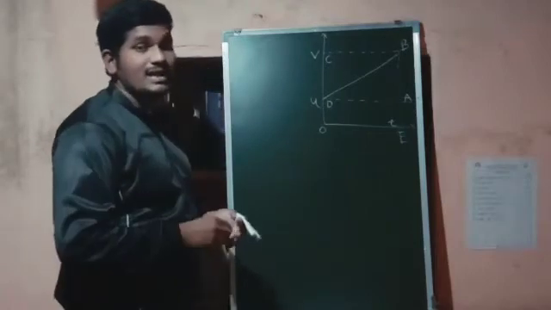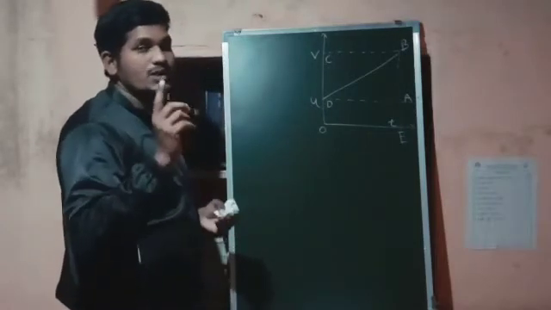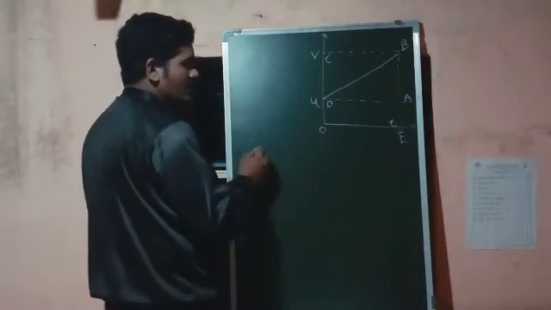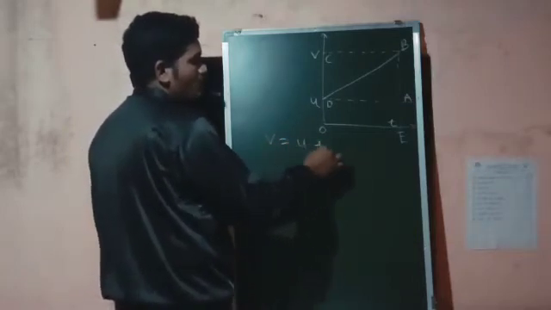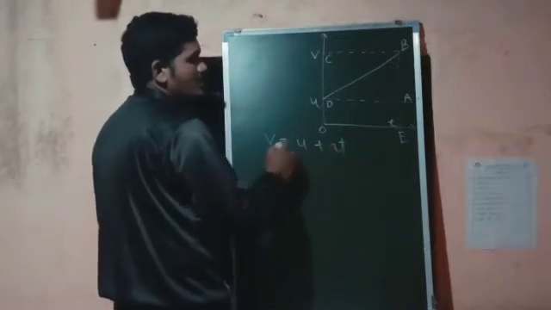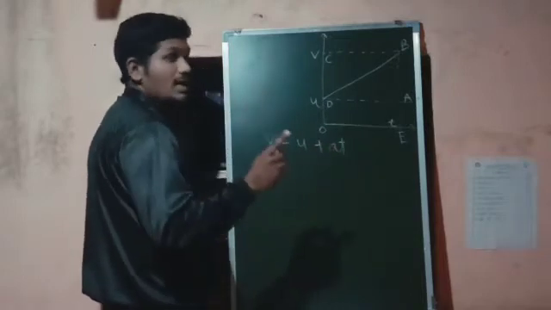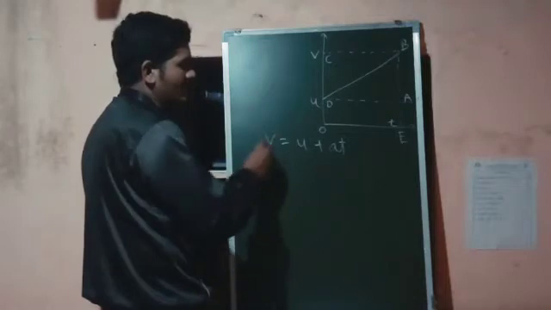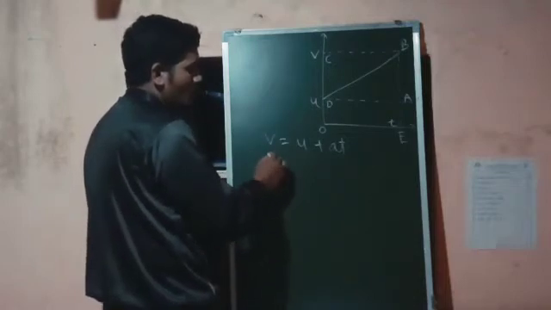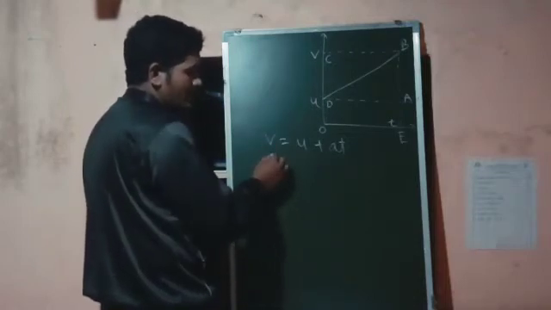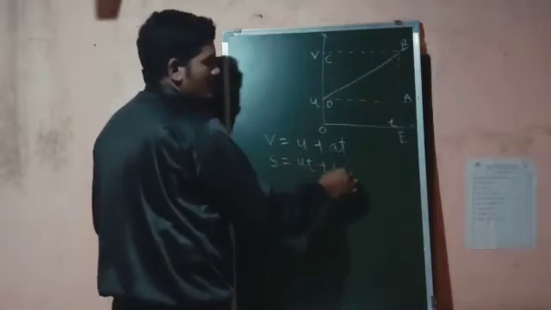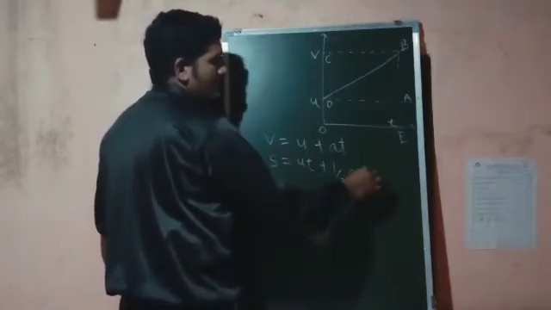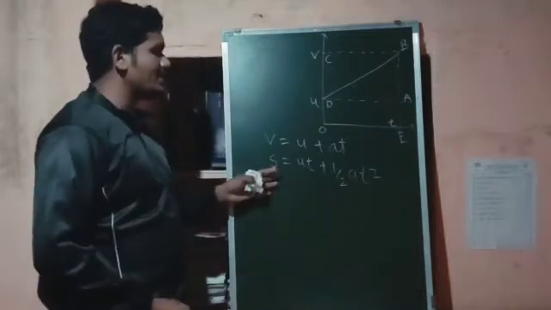But before that, let me remind you of the two equations we have seen. The first equation is v is equal to u plus at. We have derived it also. And the second equation is s is equal to ut plus half at square.